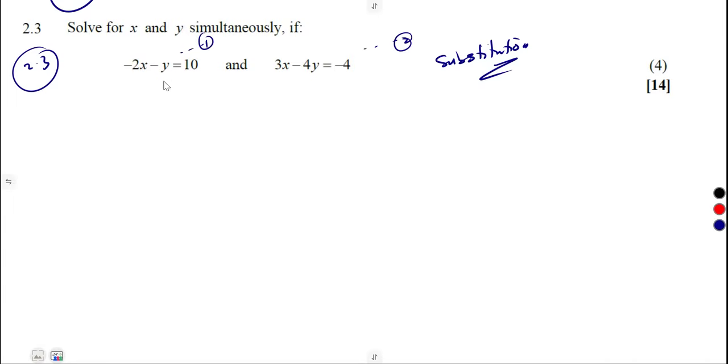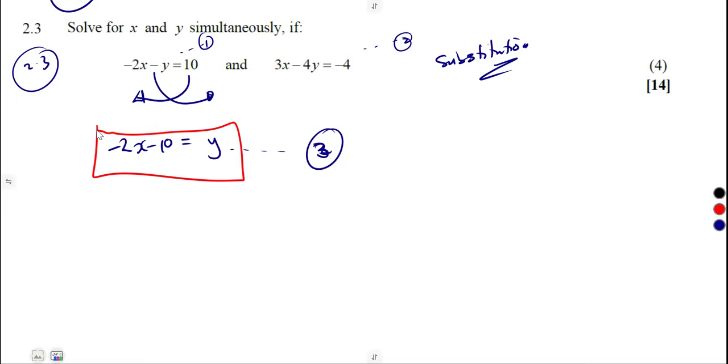That is, take y to the other side. It's going to be positive. Then take the 10 to the other side. So it's going to be -2x minus 10. So that's another equation which I can call equation 3, not equation 2. This is now equation 3, where y is the subject of the formula.